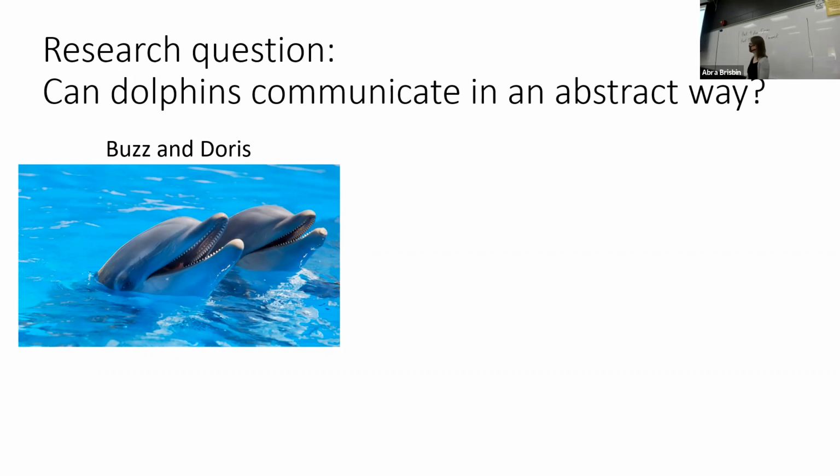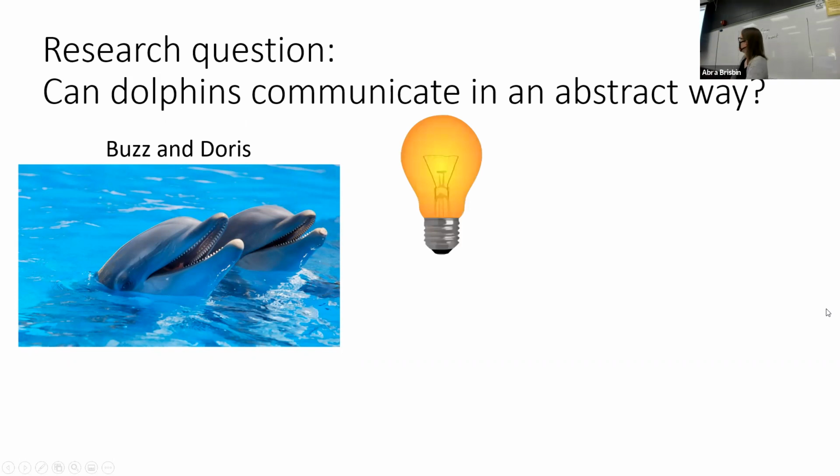Our research question is, can dolphins communicate in an abstract way? This is a study that was done in the 1960s, one of the classic studies in animal psychology. The researcher, Dr. Jarvis Bastian, started out by training two dolphins, Buzz and Doris, to press a button in order to get some food.